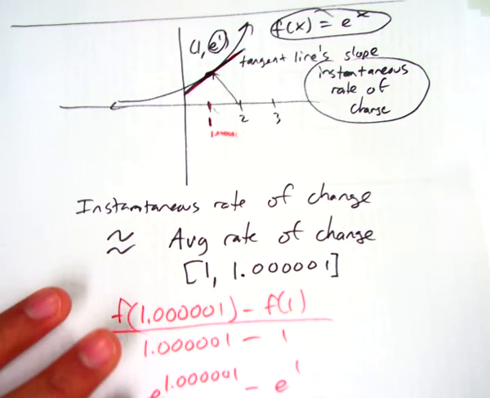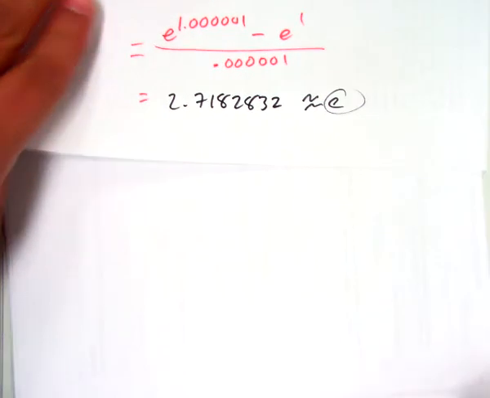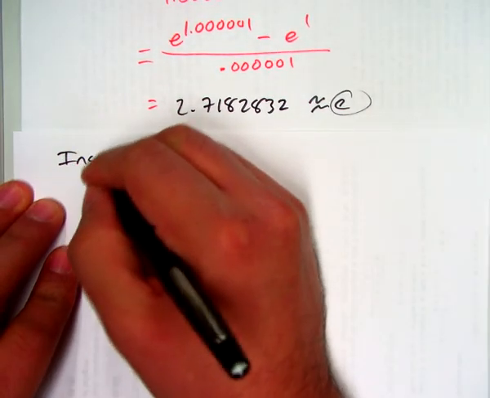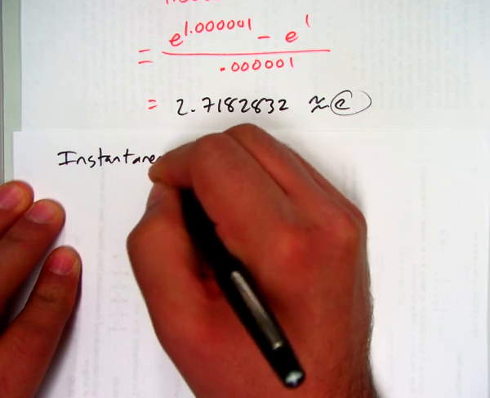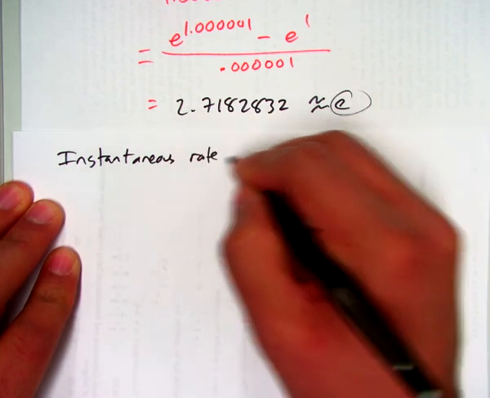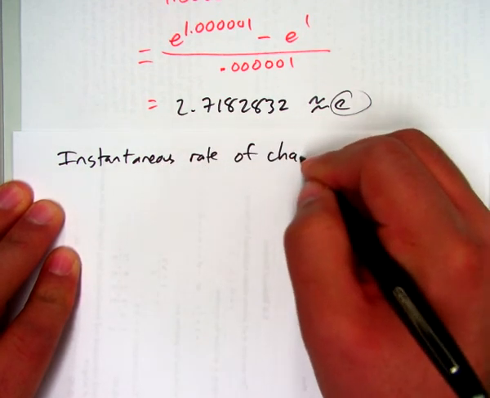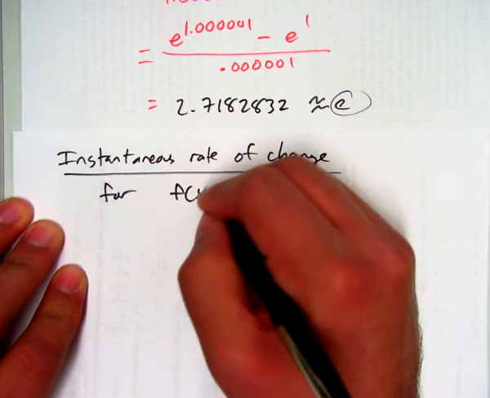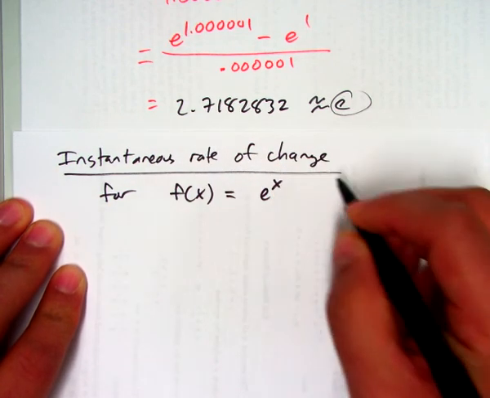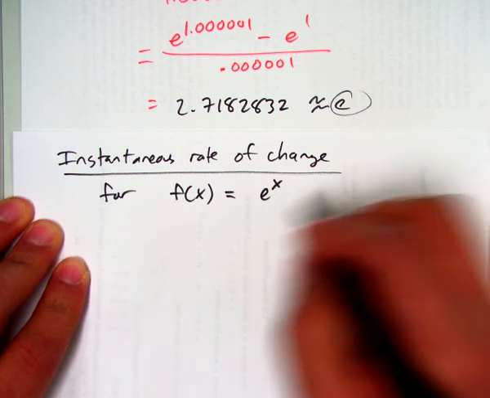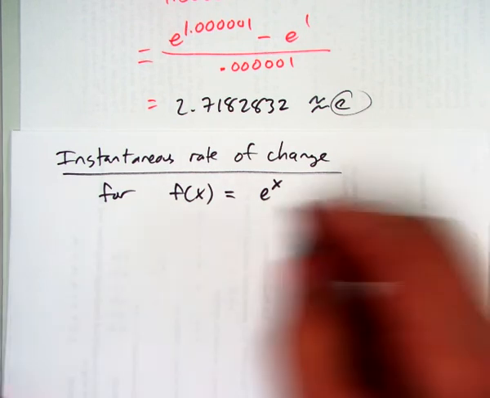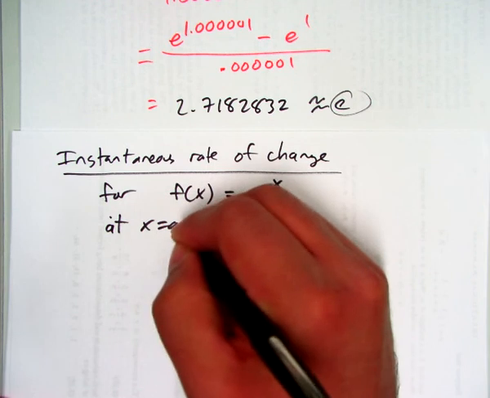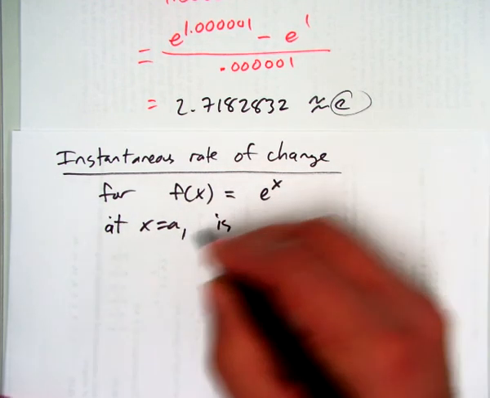So this leads us to this property: the instantaneous rate of change for the function e to the x at a point, let's say at x equals a, is exactly what you get when you plug it in.